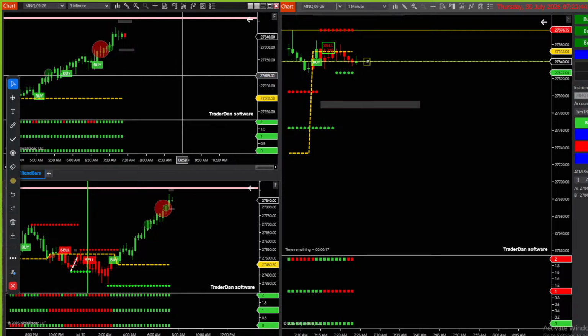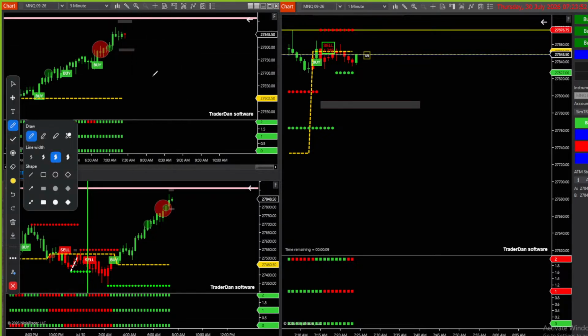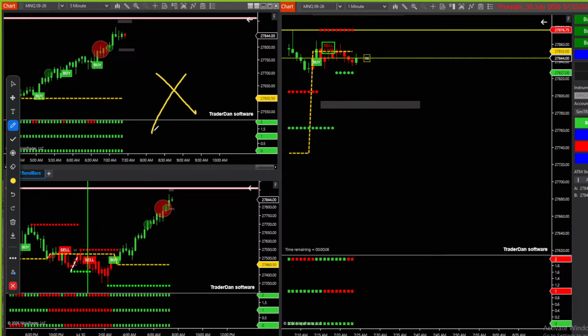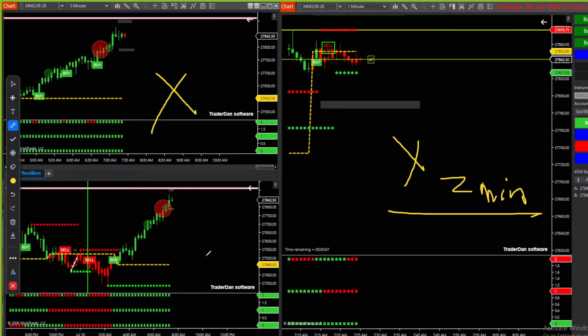If the 5-minute TD trend bar chart, this one over here, is green, I look for these to be green. You can even go to a 2-minute if you want to. That will clean out a little bit more noise. I like the 1-minute just because I've been trading it for so long. If the 5-minute TD trend bars are red, you're going to look for sells on the 2-minute.